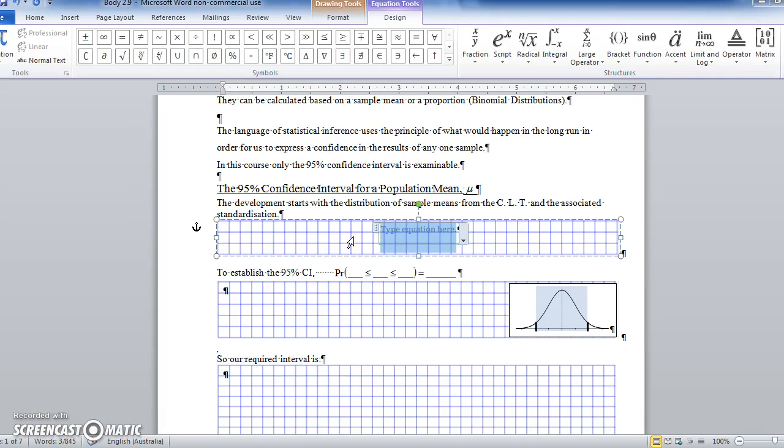So if we work on our theory from the central limit theorem, we know that when we take samples a repeated number of times and find their mean, and build up the distribution of the means, then we get a normally distributed distribution, and it has a mean which is the same as the population mean, and a standard deviation equal to sigma over root n.